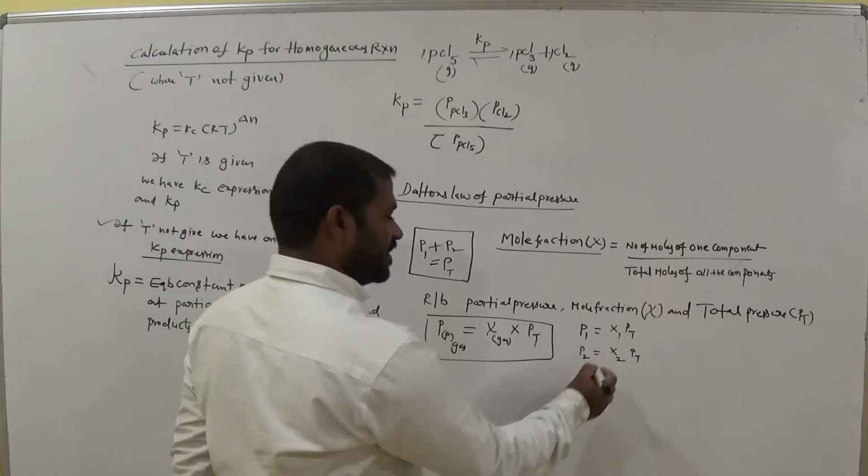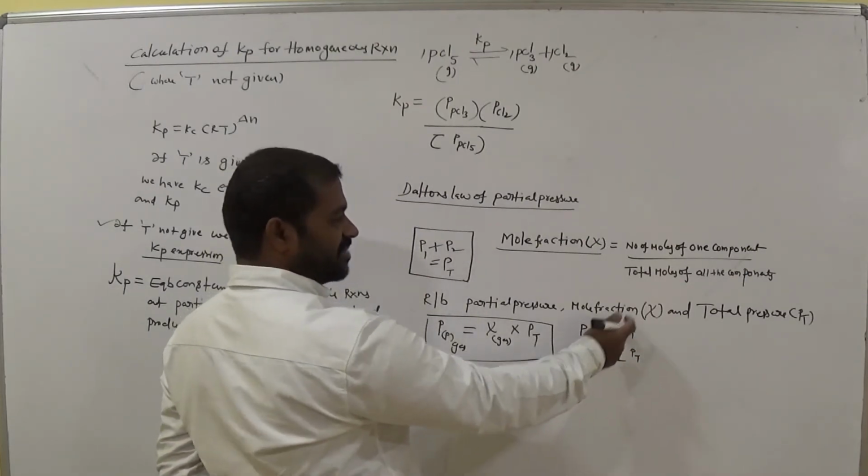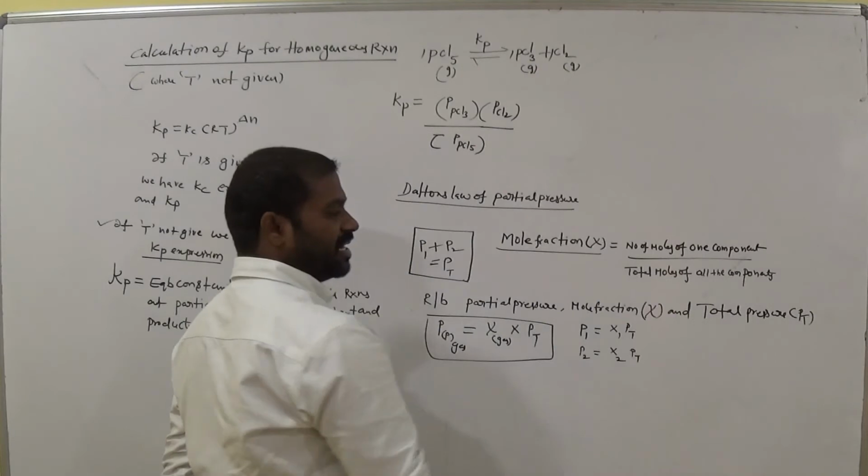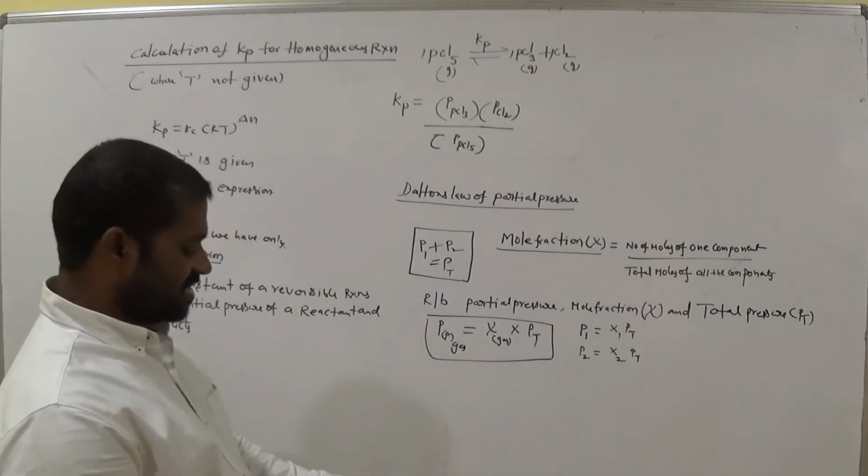Here X means mole fraction, that is, the number of moles of one component divided by the total number of moles of all the components. Is it clear?